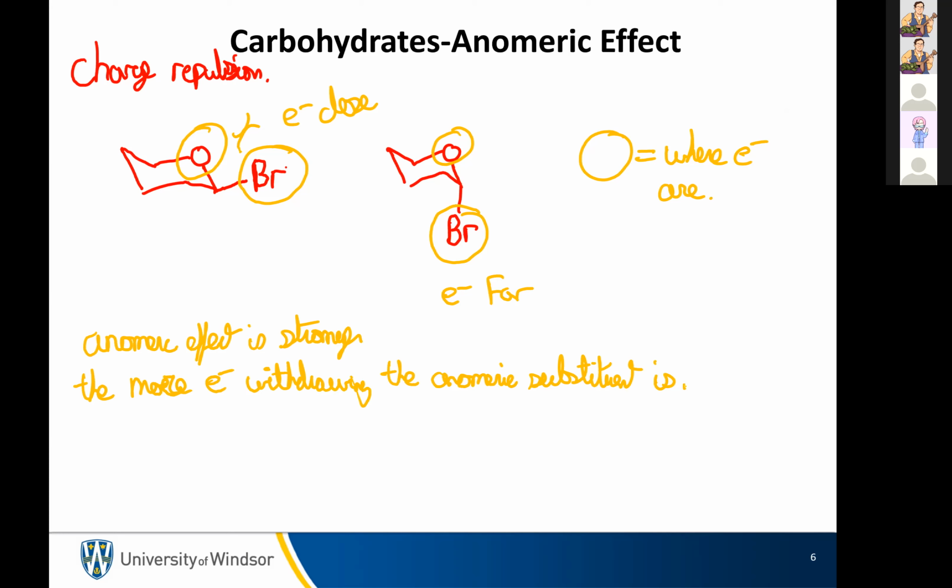So bromine is pretty electron withdrawing. Carbon is not very electron withdrawing. If I had a carbon there, you have a very weak anomeric effect. If you have a bromine there, or fluorine, God forbid, you have a very strong anomeric effect. Fluorine is actually a ridiculously strong anomeric effect. So the more electron withdrawing that thing is, the higher the electron density is around that substituent, and the more it gets repulsed away from the oxygen's electron density, because the two big clouds of electrons don't want to be near each other.